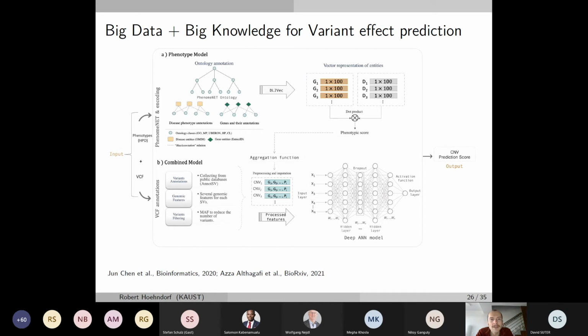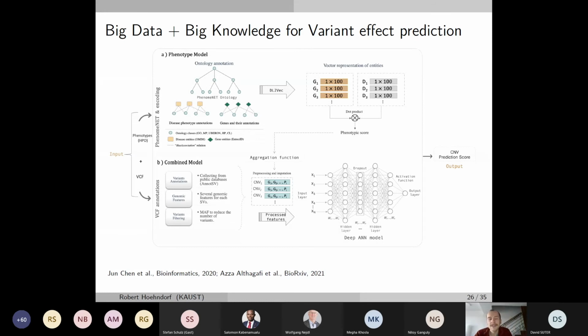And you can imagine that this is very similar for other types of variants. Although this is a model for copy number variants, we can take other types of variants such as indels or single nucleotide variants and replace how we annotate these variants at the bottom part and still combine them with the background knowledge in the same space, then have a model that has access both to the background knowledge about the variant and the actual information about which variants are present in order to predict and rank candidate disease-causing variants.